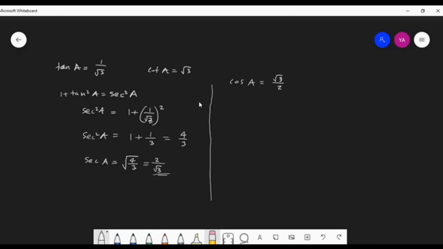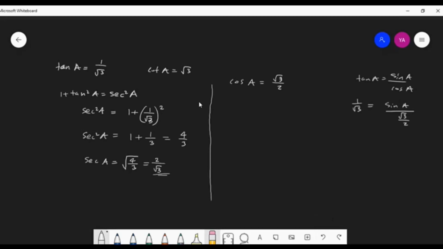Now we can apply tan A is equal to sin A by cos A. We know tan A and we know cos A, so applying this we will get sin A. Tan A is 1 by root 3, equal to sin A divided by cos A, which is root 3 by 2.